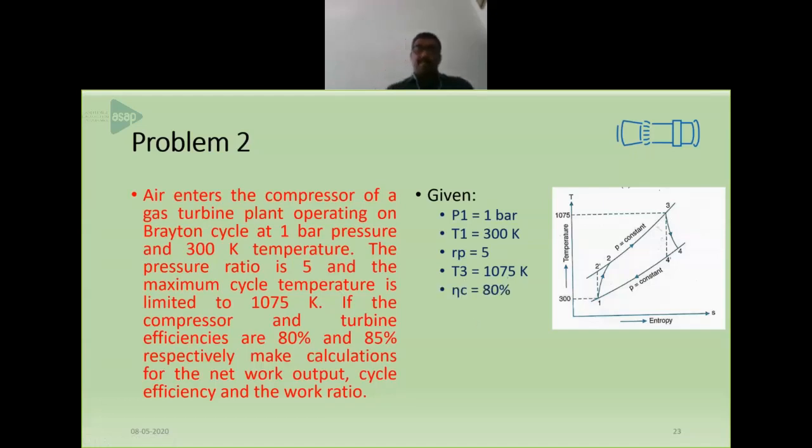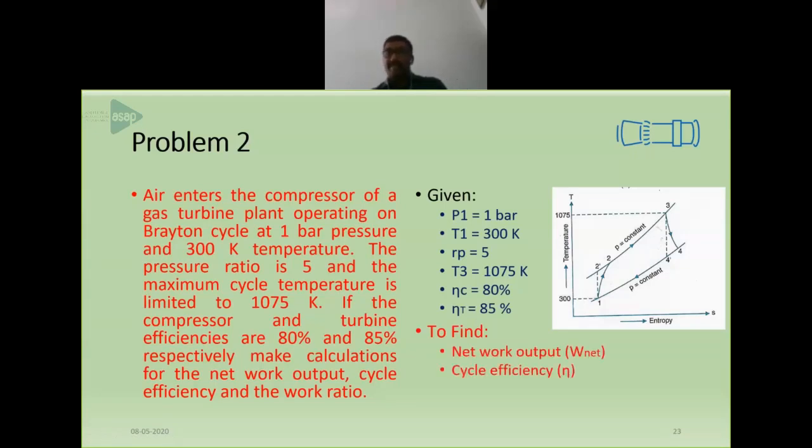The compressor and turbine efficiencies are eta C is equal to 80% and eta T is equal to 85%. These are the things given in the question. You have to find out net work output, that is W net, cycle efficiency eta, and work ratio. So how to solve this problem?